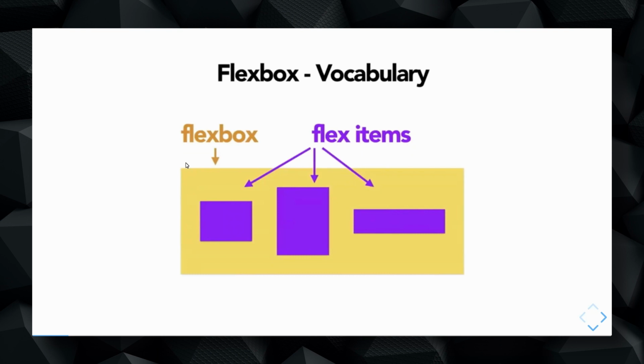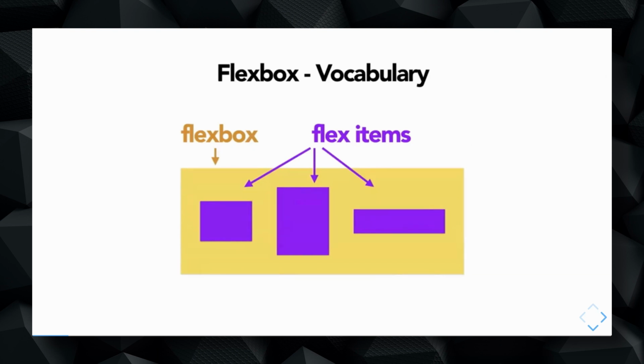We pick any element we want in our web page, and we say, okay, this is going to be the Flexbox, or the parent, or the Flex container. And once you have enabled Flexbox on this element, you immediately get a different behavior for the immediate children inside this Flexbox.